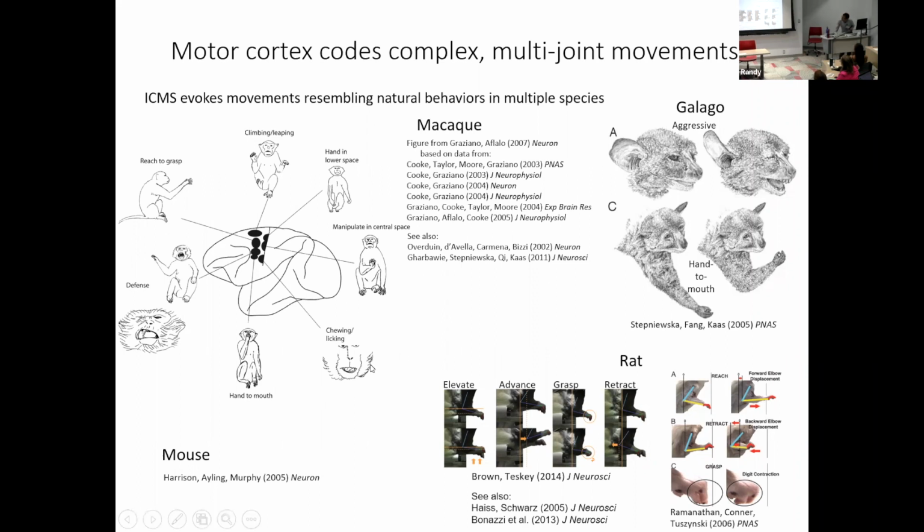So you can evoke defensive movements, and you can evoke climbing and leaping postures, and manipulation, and feeding, hand-to-mouth movements like this. And a lot of other labs have shown this in other species.